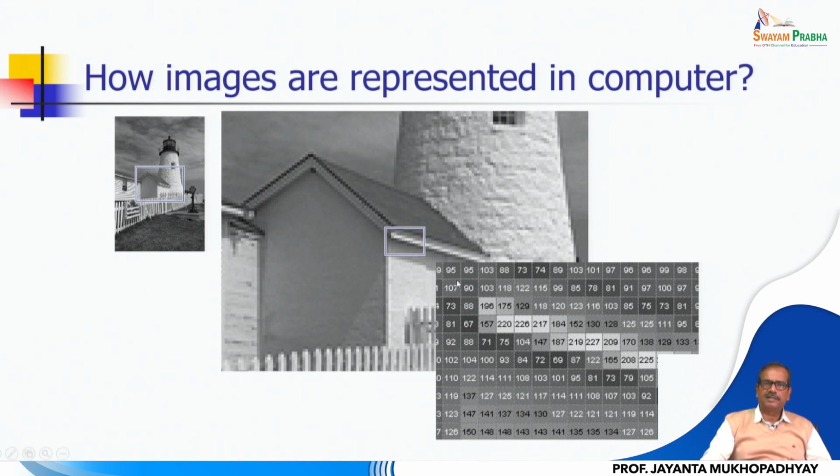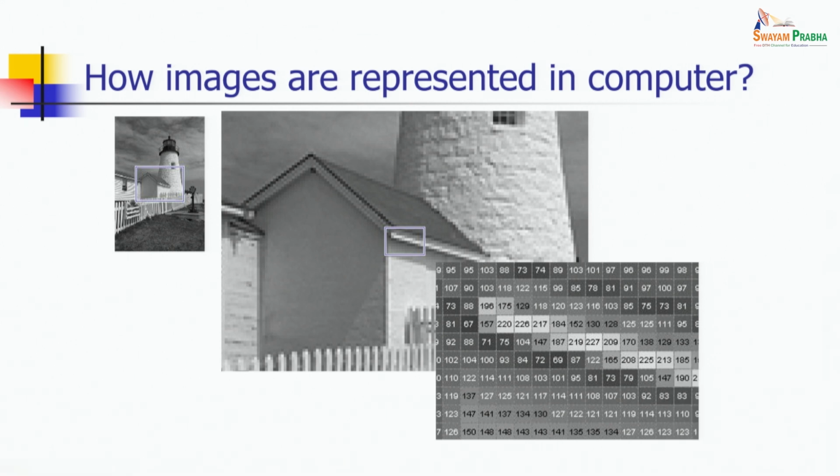Those levels, for the sake of convenience, I have shown with certain numbers. The larger the number, the brighter the respective box. Now these are the values which are stored in a two-dimensional matrix form, a two-dimensional array form in the computer, and each element of the array denotes some point.